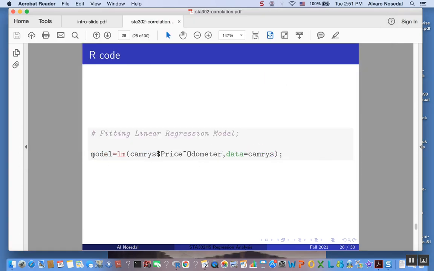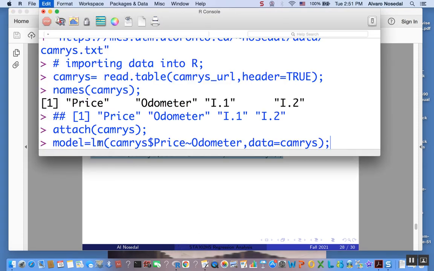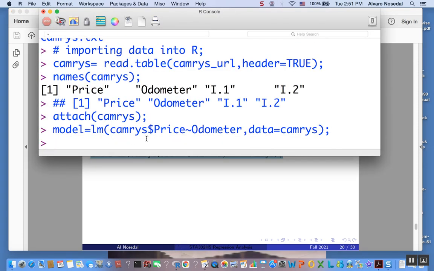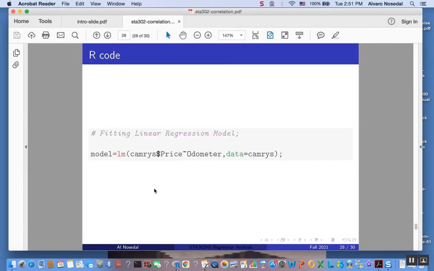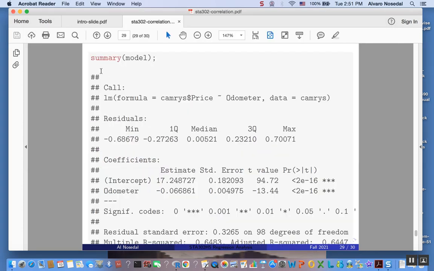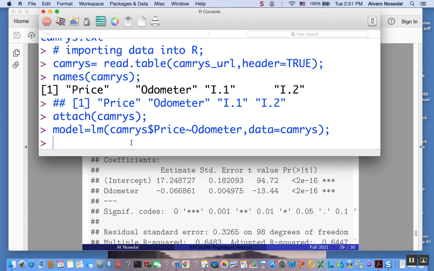Now let's fit a linear model. Again, we've done something like this before. The response variable is price, the predictor variable is odometer reading. Let's see if we use that summary command.